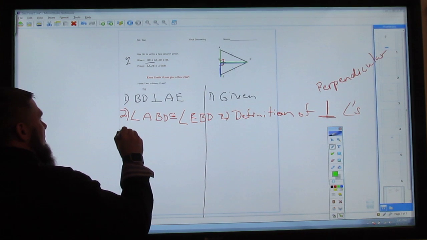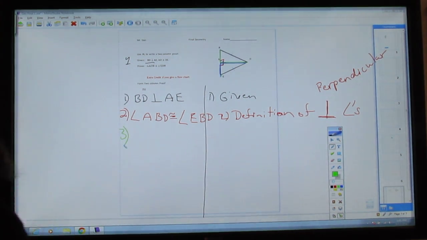3. Okay, I can say they're perpendicular. That's cool. Can I say anything else? Well, there is a reflection. You see a reflection? Where?